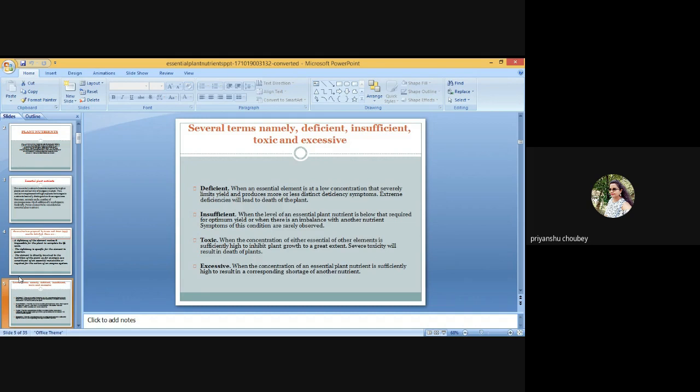Interaction is an influence or reciprocal action of one element upon another in relation to plant growth, and a differential response to one element in combination with varying levels of a second element applied.